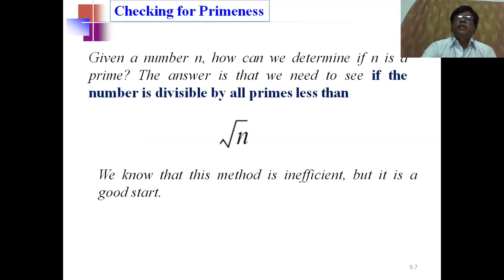The answer is that we need to see if the number is divisible by any of the primes less than root n. We know this method is inefficient, but it is a good start.